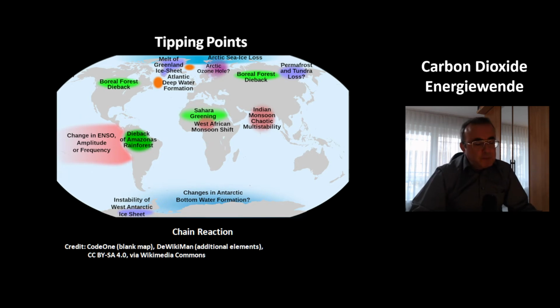For example, if the permafrost in Siberia is lost, then huge amounts of methane come into the air, and the global warming effect is strengthened. This will increase the melting of the polar caps, and this could kill the water cycles in the oceans, for example, the Gulf Stream. This could initiate a chain reaction.